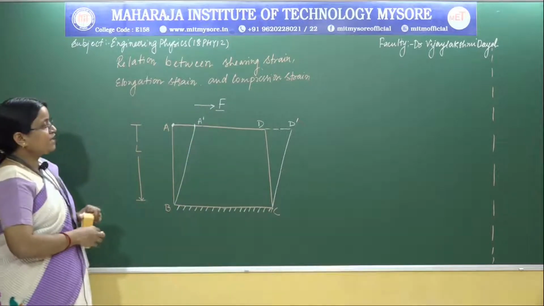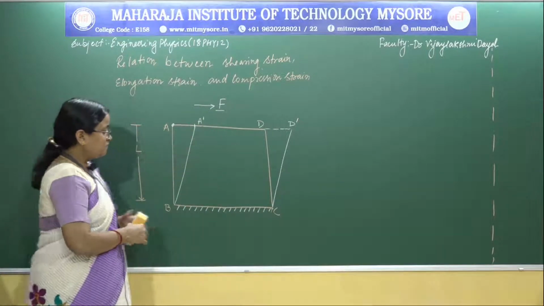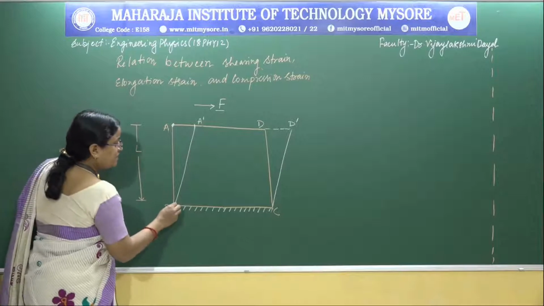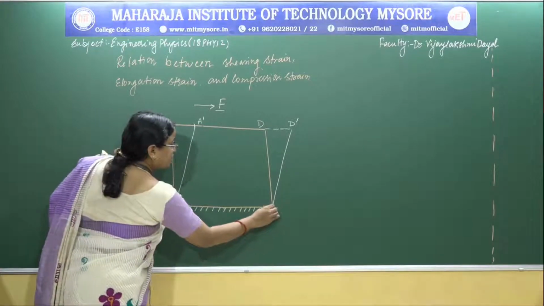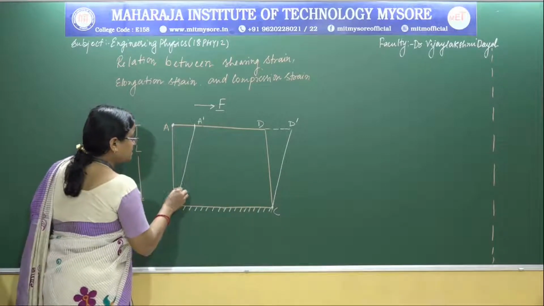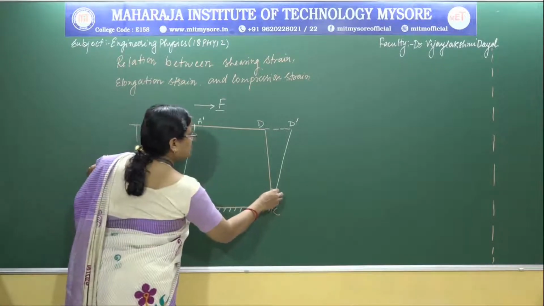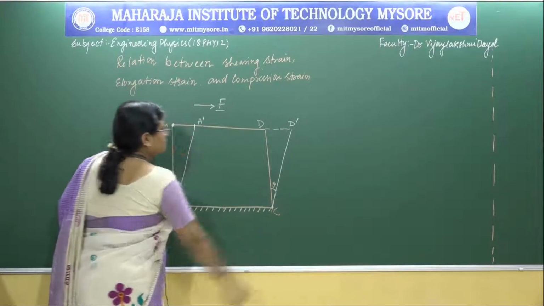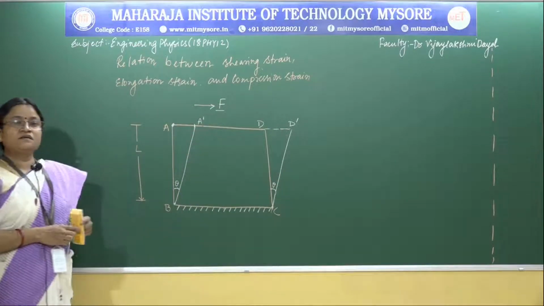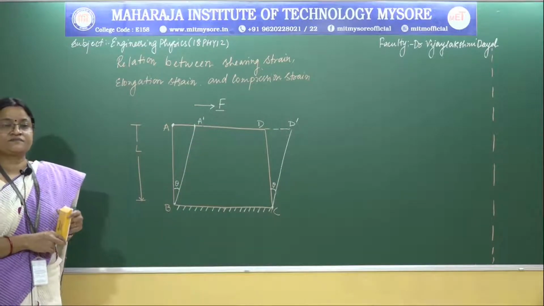And the angle made by the new position with the point B and C of the bottom surface is theta, which we define as the shearing strain.